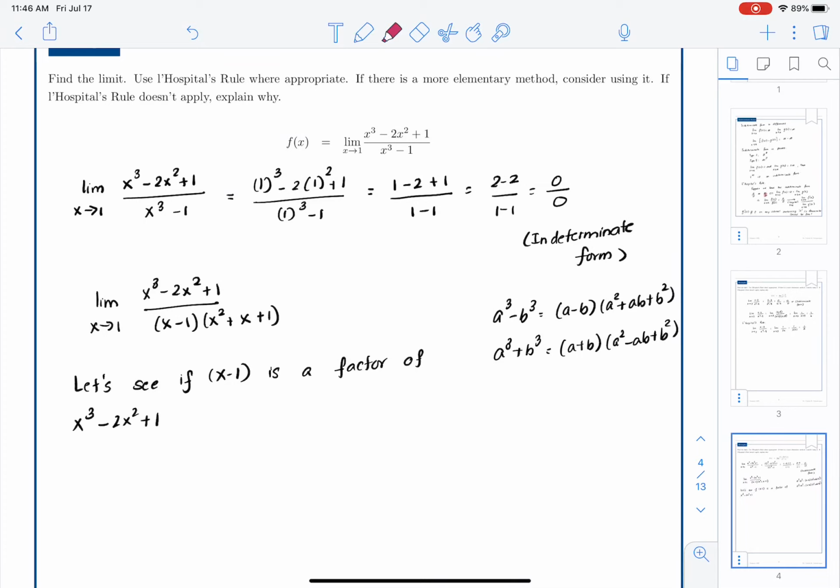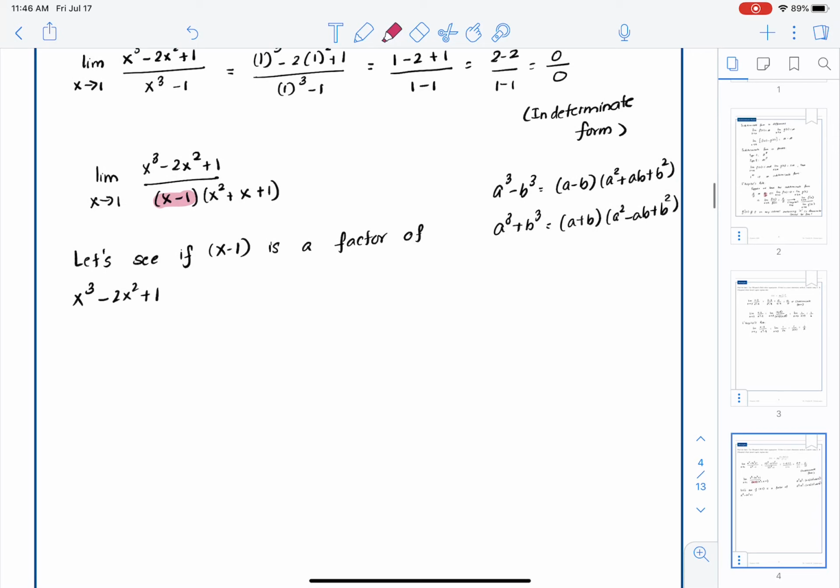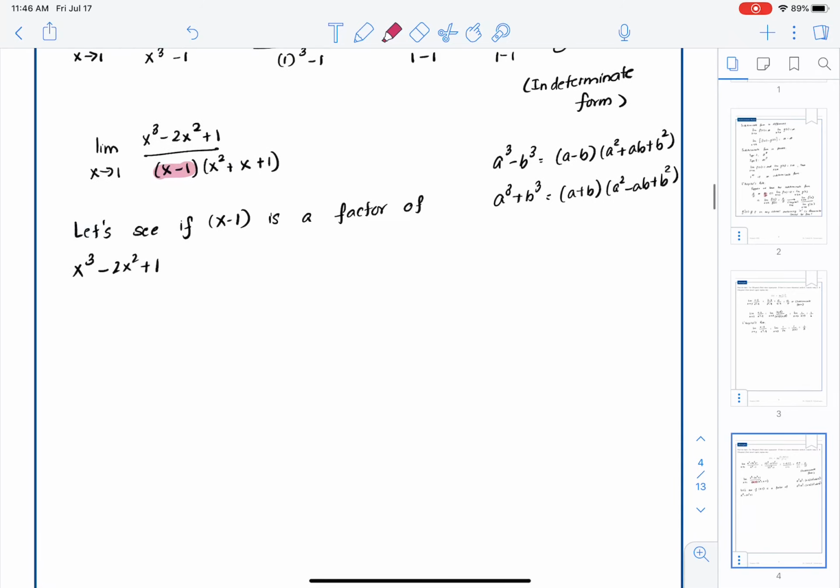Since I see x minus 1 in the denominator, we'll see if x minus 1 is a factor of x cubed minus 2x squared plus 1, so we can cancel things out. So we can use long division or synthetic division. I'll just use long division because some of you may not know synthetic division, but in this problem synthetic division is easier.